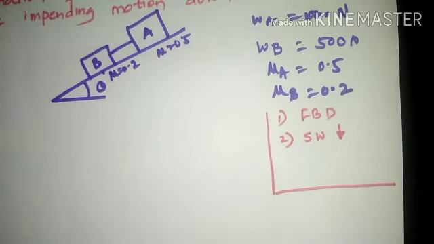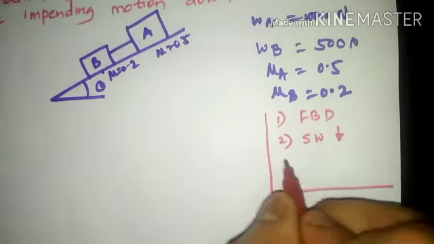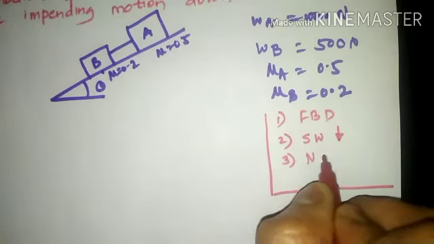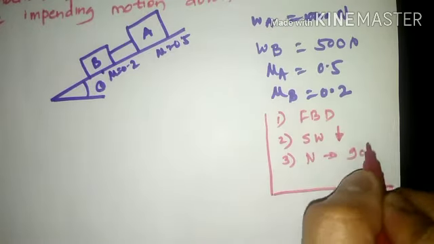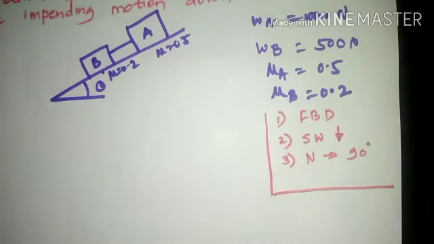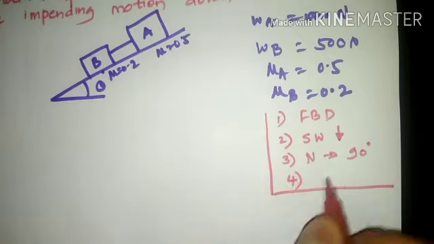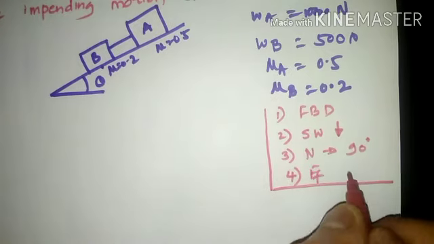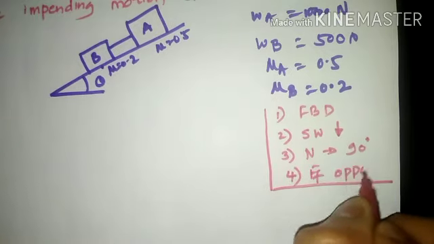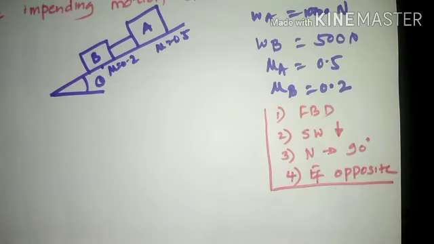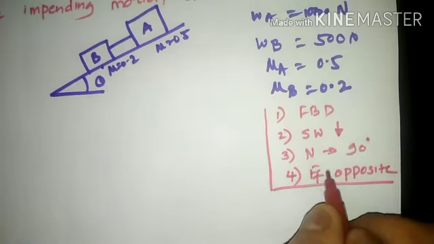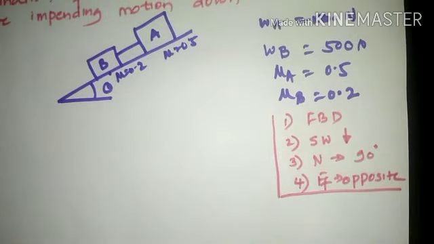Then the normal reaction will always make an inclination of 90 degrees; it will be perpendicular to the plane of contact. The last rule is that the frictional force will always be opposite to the movement of the body. If the movement of the body is downward, the frictional force will be upward. If the movement of the body is upward, the frictional force will be in the downward direction.